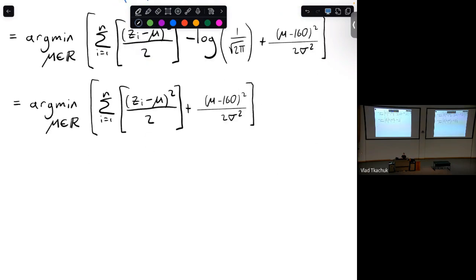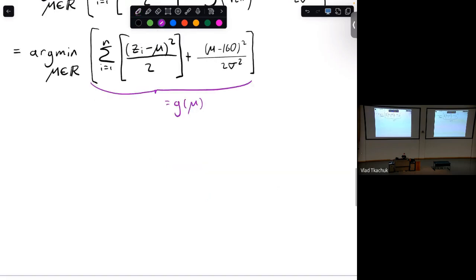And so taking the derivative, I'm going to call this function g of mu. I want to minimize a function of mu, right? How am I going to do that? Set the derivative to 0. So let's do that now. So d of g of mu, and remember, here we just have one dimension, so I'm using little d, not the del.